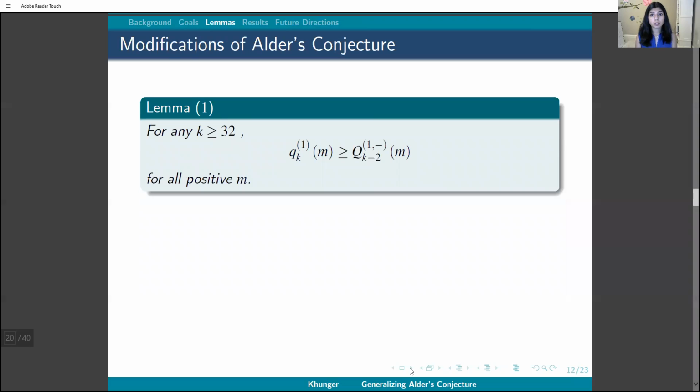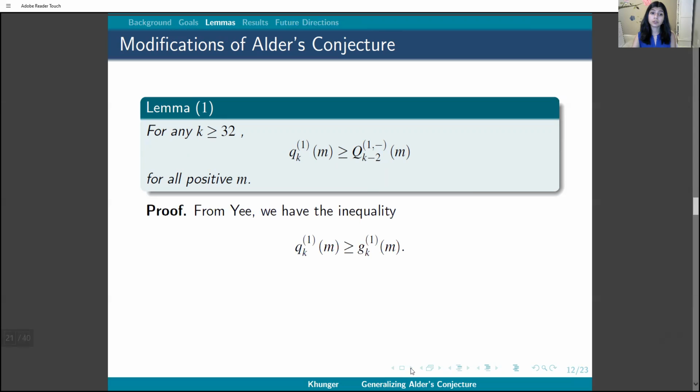Next, we proved some important lemmas, which look suspiciously similar to Alder's conjecture. Notably, you'll notice that we're comparing little q sub k,1 of m, and this right side looks a little bit different. So we're comparing subscripts of k and k minus 2, and we're comparing superscripts of 1 and 1 dash. So this allows us to somehow modify Alder's conjecture to give us more information about the relation between little q and big Q dash.